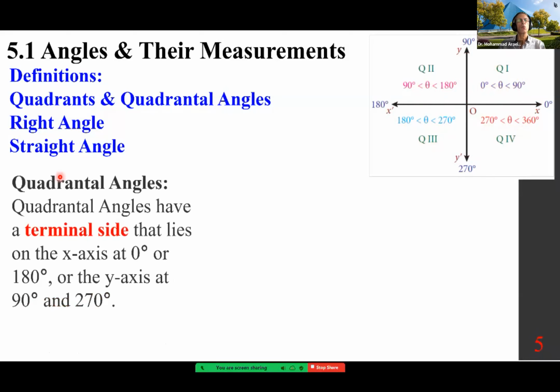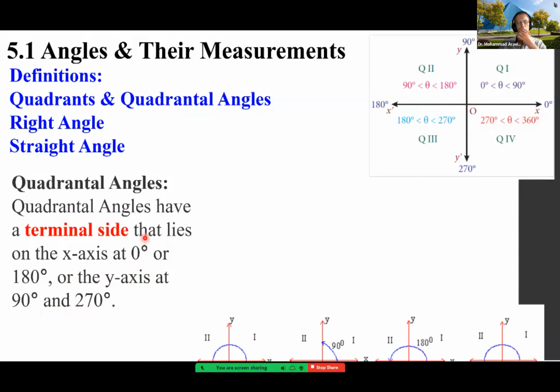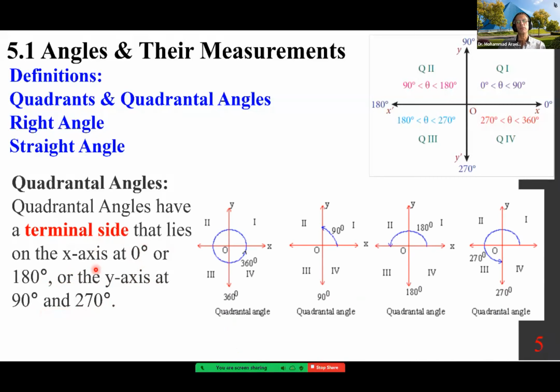So what are quadrantal angles? Quadrantal angles have a terminal side that lies on the x-axis at 0 or 180 degrees, or the y-axis at 90 or 270 degrees.